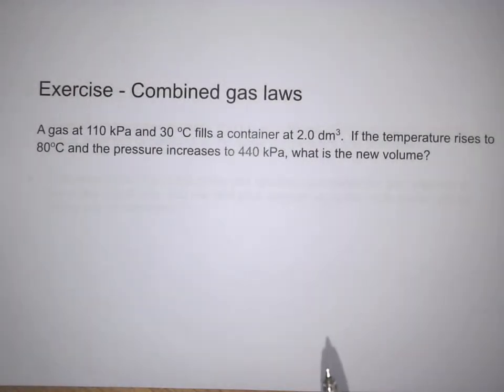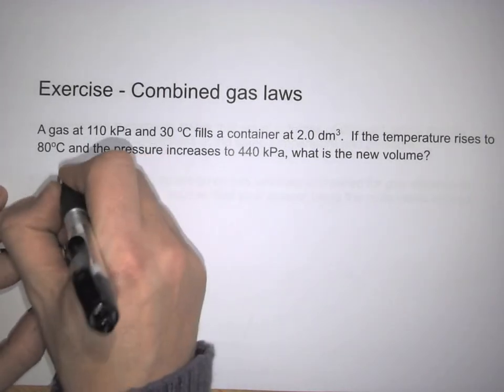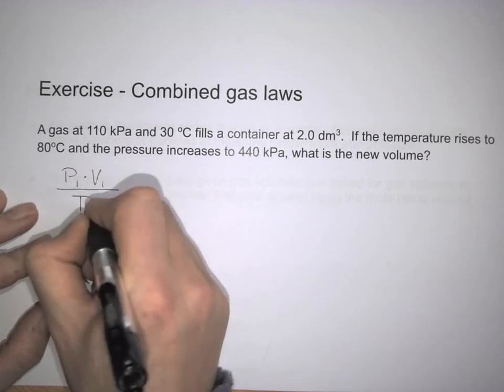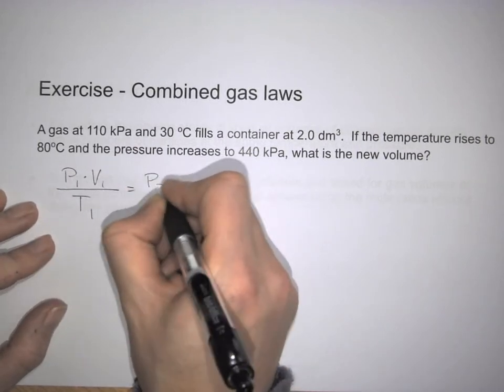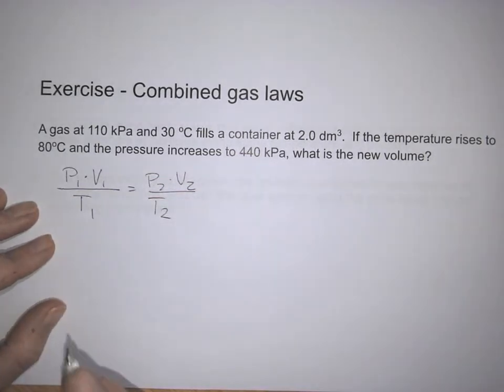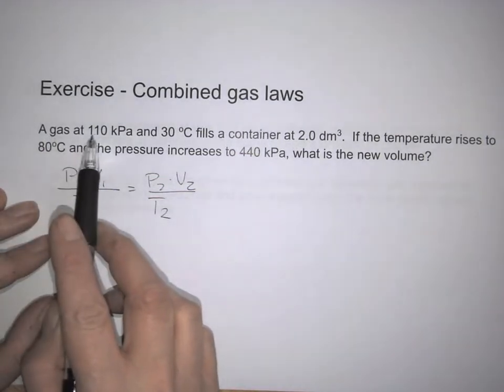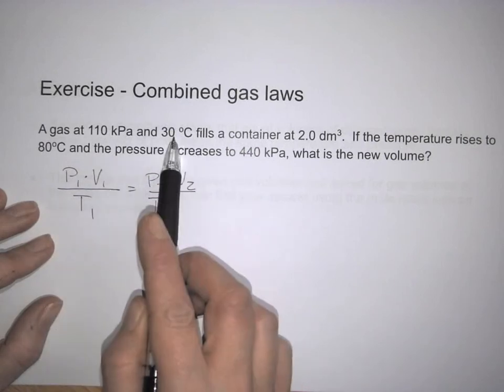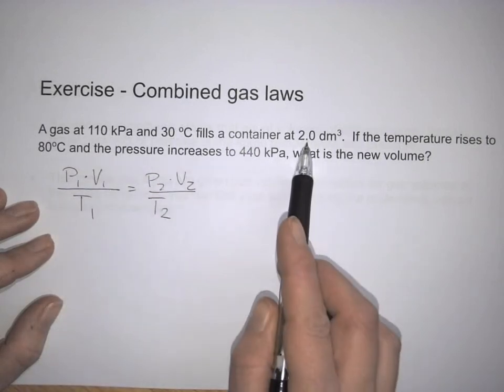I will show you an example. We can start by just stating the equation again. P1 times V1 divided by T1 is equal to P2 times V2 divided by T2. Okay, here it says that a gas has 110 kilopascal and 30 degrees, and the volume is 2 liter.